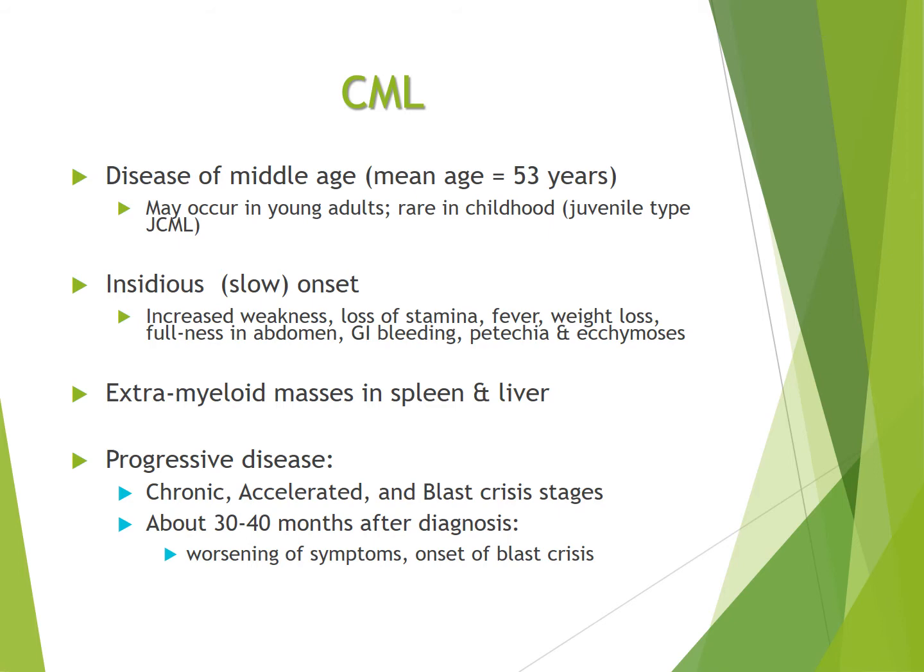It is slightly more common in females and carries a mortality rate of about 1.5% per 100,000 cases. Symptoms usually have a clinical onset with fatigue, decreased tolerance of exertion, anorexia, abdominal discomfort, weight loss, and symptomatic effects of spleen enlargement.